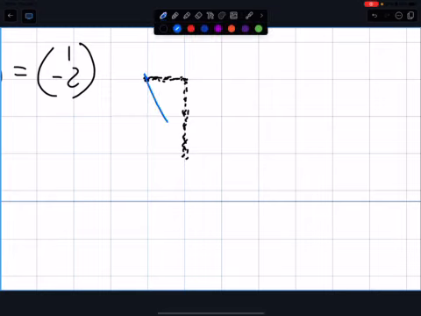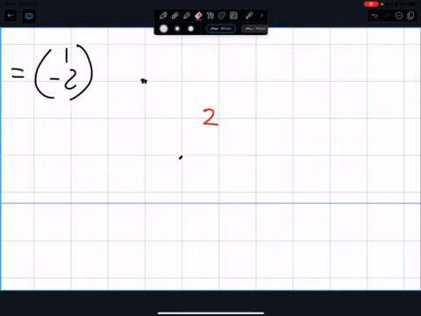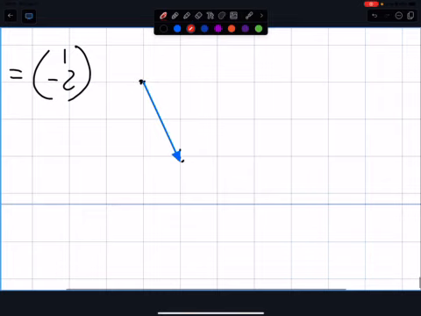So what do you get? This is your vector. This is what it should look like. 1, -2.